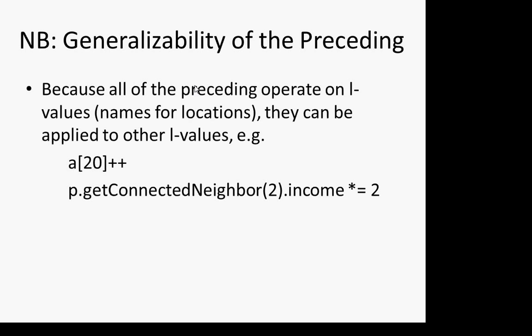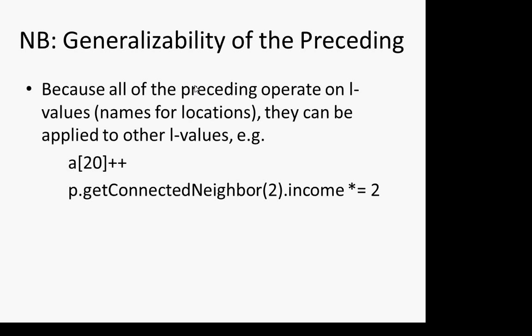This is a method call. So you're absolutely right. It's getting its connected, yeah, or third, if you count 0, 1, 2. It's the third one to which it's connected, and it's income by 2, right? It's doubling its income.